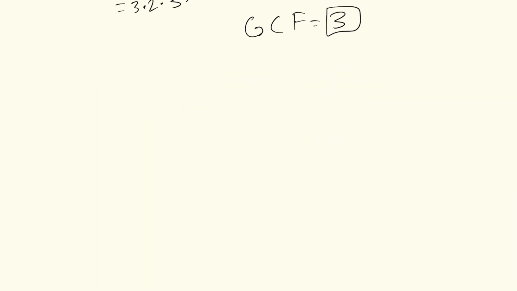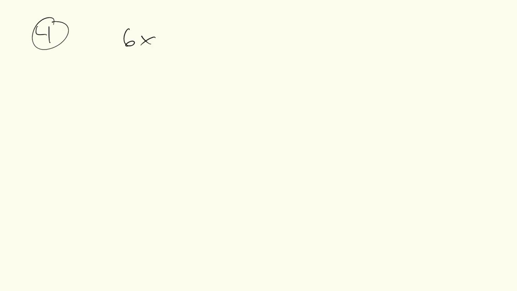Let's try a different type of problem. Let's do 6x. I want you to find the greatest common factor for 6x and 9x squared. So it's the same process. Now we find the factors for 6x, which will give us 3, 2, and x.